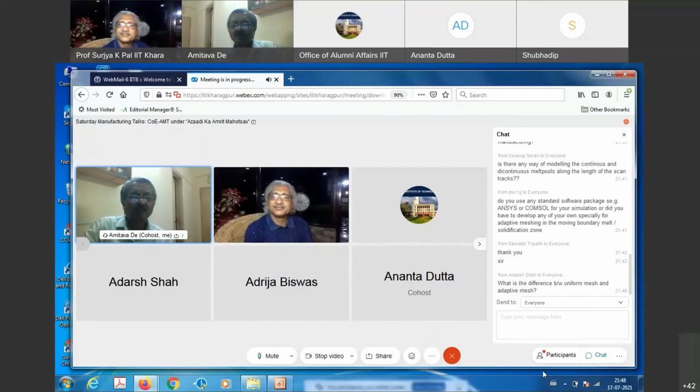Your desktop computer, or even a workstation, would sort of hang. Rather than that, imagine a situation that as you move from your zone of interest, that is melting, towards the far away, you have a very coarser mesh, and you fix that number of nodes, let's say only some 1 lakh or so, and wherever the beam is moving, this fine mesh is moving.